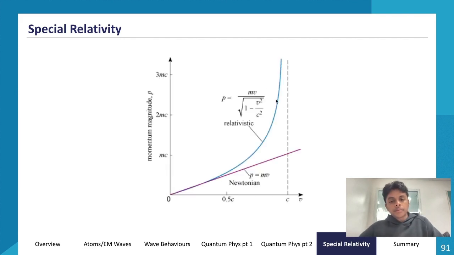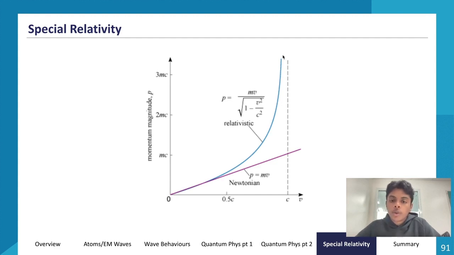So we look over here, Newtonian physics, so P equals mv, it shows that at C, we should have a momentum magnitude of mc, right? So it follows a straight line, and following Newtonian physics, it doesn't seem too hard to achieve a speed of c. But following the observed values and also relativistic momentum, we see that as our speed approaches c, the momentum required approaches infinity.